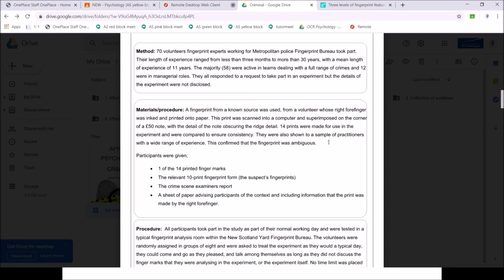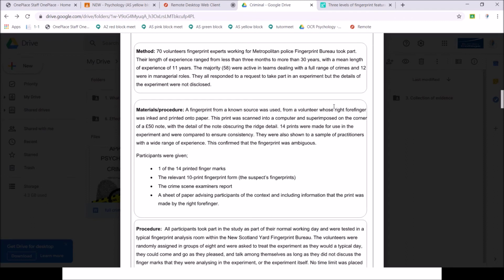They took a volunteer, another person whose right forefinger was inked and printed onto paper, so we actually knew who this fingerprint belonged to. Then it was scanned onto a computer and superimposed on the corner of a £50 note. So it was planted upon the £50 note, and then 14 prints of this were made. This ensured consistency, so standardisation of the fingerprint given.